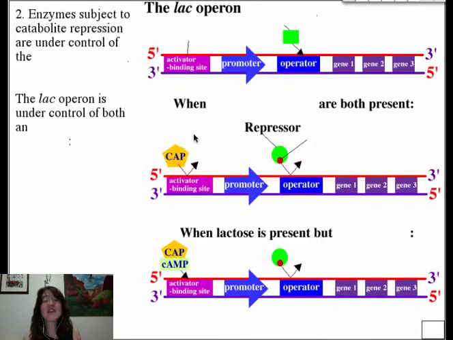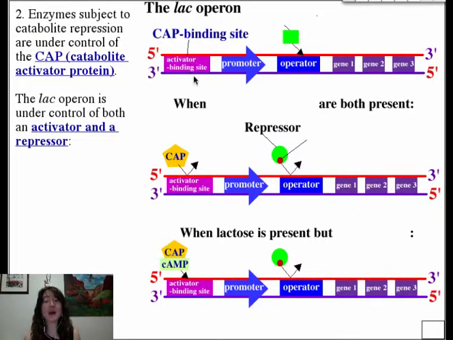That is to say that if cyclic AMP is high, meaning glucose is low, then genes 1, 2, and 3 are going to be expressed because it makes sense to degrade lactose because glucose is low. So cyclic AMP is going to be the thing that allows the catabolite activator protein to bind. So the lac operon is under control of both an activator and a repressor. The activator, catabolite activator protein, is under control of the presence of glucose.